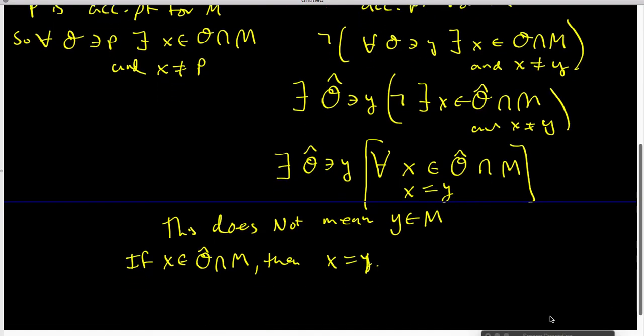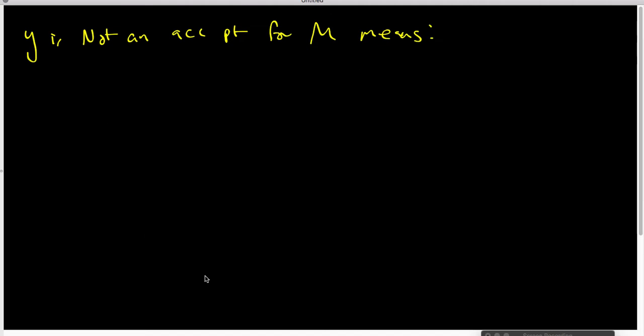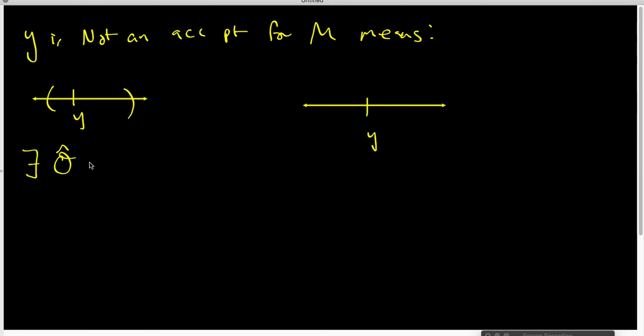So what this basically boils down to then is the following, and I want to clean up the picture. Y is not an accumulation point for M means one of two things. We have this number line or we have this number line. On this first number line, here is y, and over here, here is y. We have some interval O hat, so there exists an O hat that is an open interval, and it contains y. And that's going to be true in both of them.